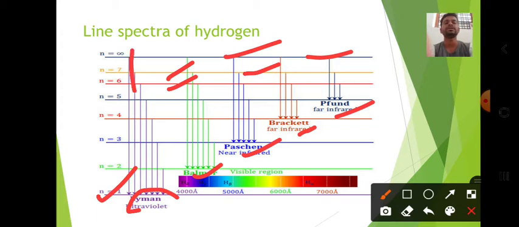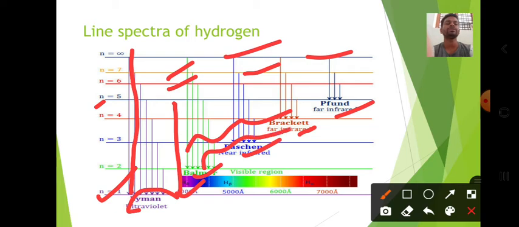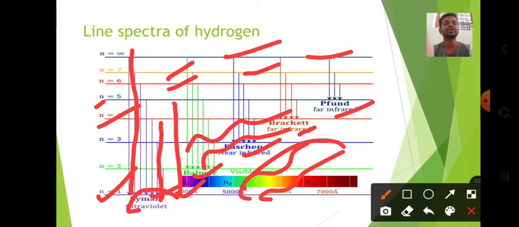Here, one example: let it be n5. When electrons come from n5 to n1, they release a wave or radiation that has one type of wavelength. Suppose the electron comes from n4 to n1, then it also releases a wave, but its wavelength is different.